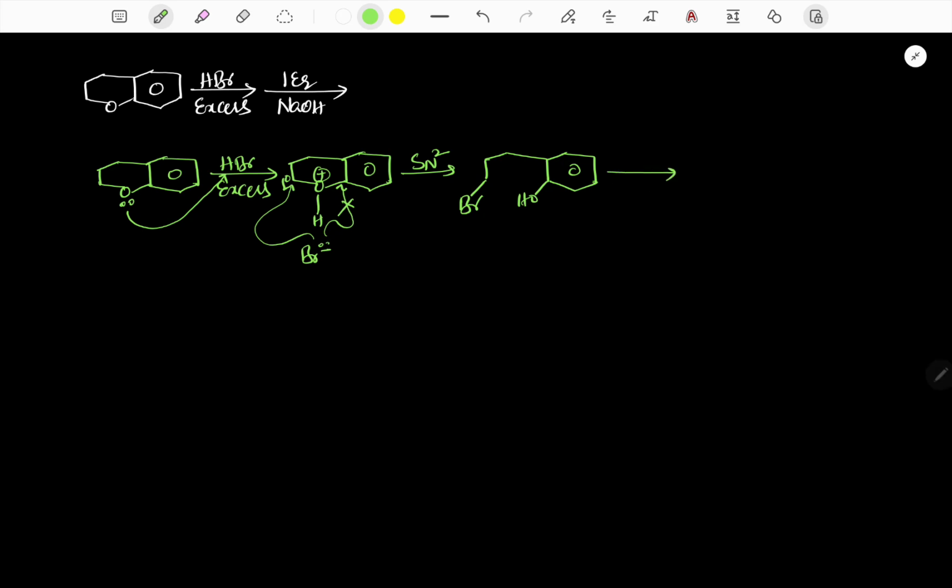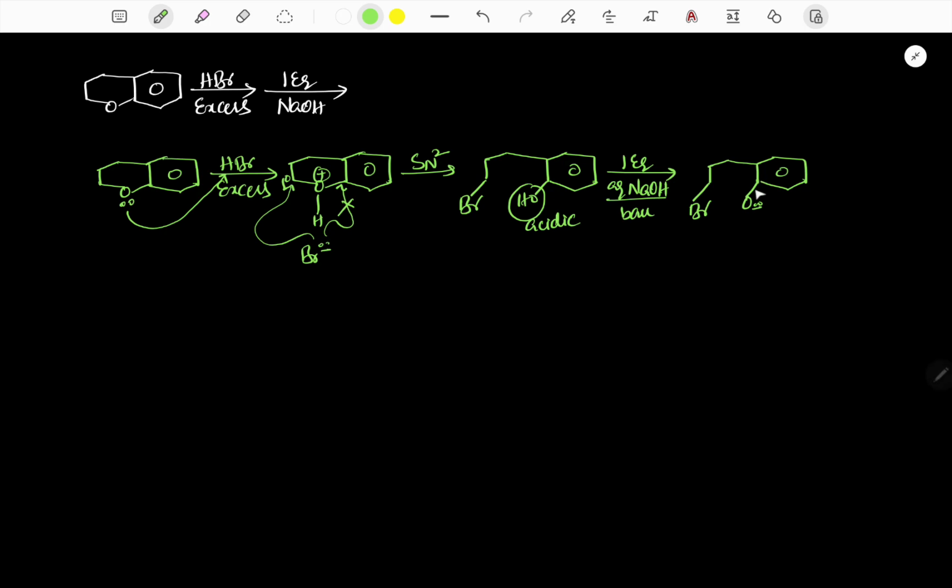Now it is treated with 1 equivalent aqueous NaOH. Here phenol is acidic and NaOH is a base. Therefore an acid-base reaction takes place and the corresponding phenoxide will form.